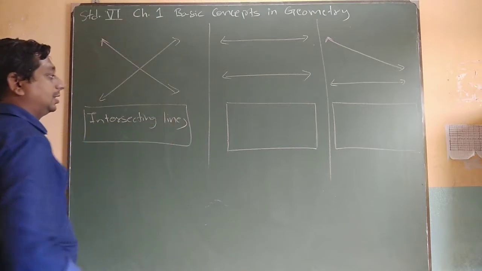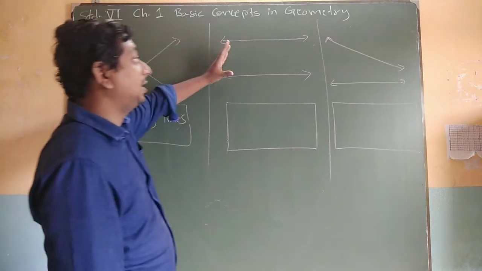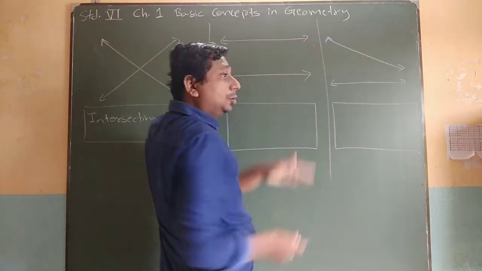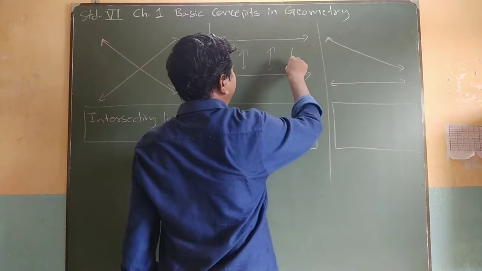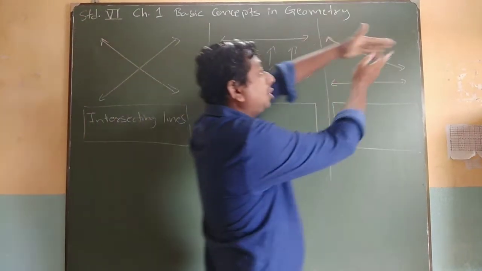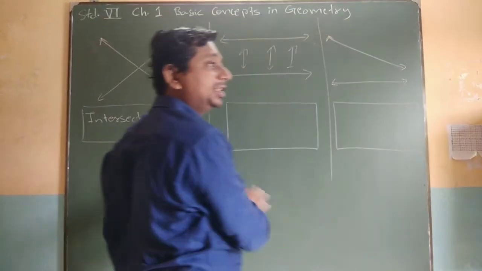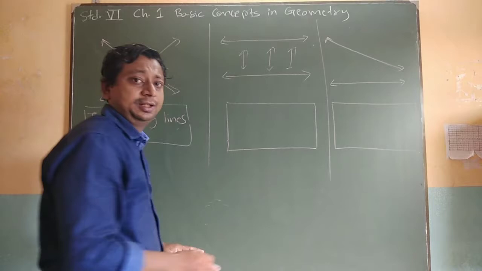lines. Okay, intersecting lines. Now these two lines, see, all the distance between them is the same everywhere. You can see, so they will never meet each other. They will never join each other in the given plane. Even if we extend this plane, they will never join.